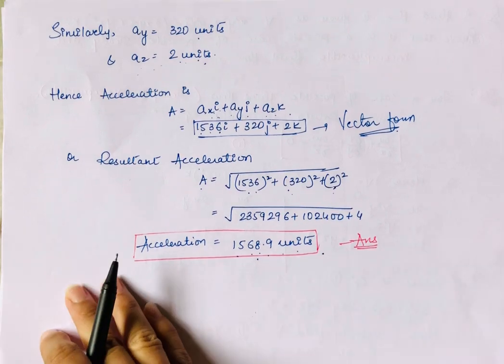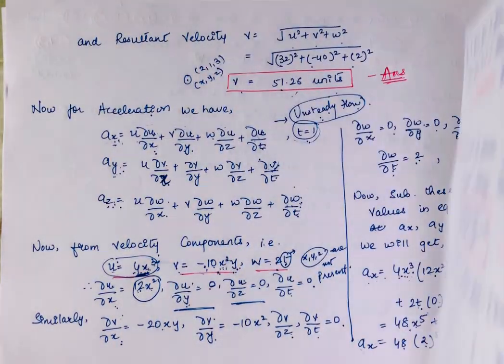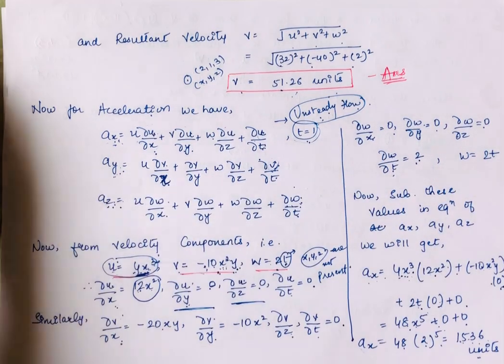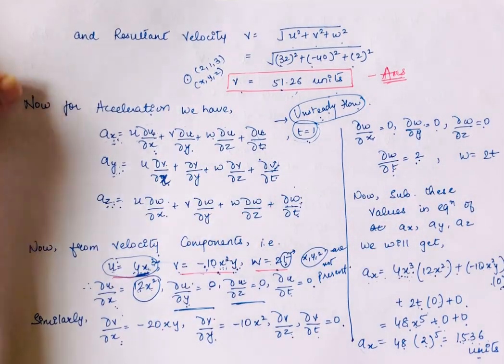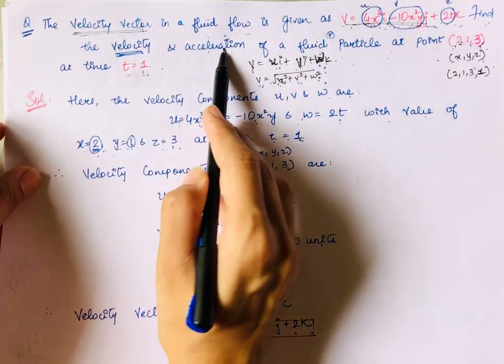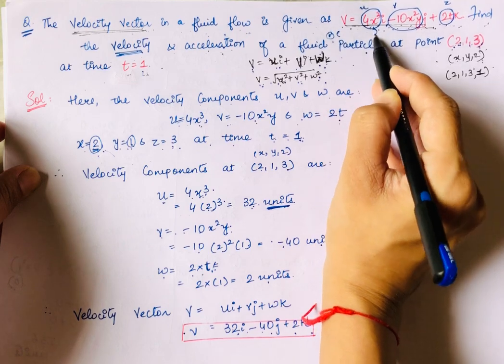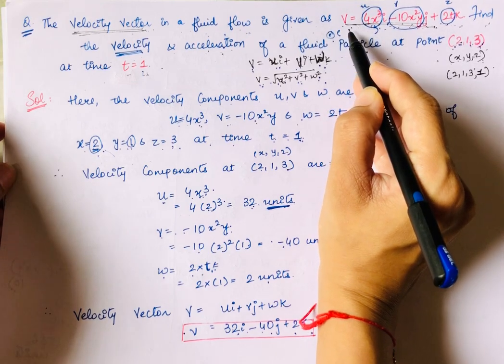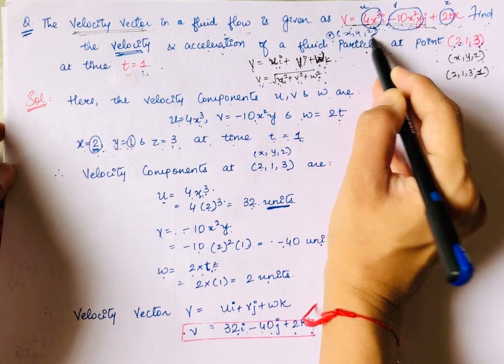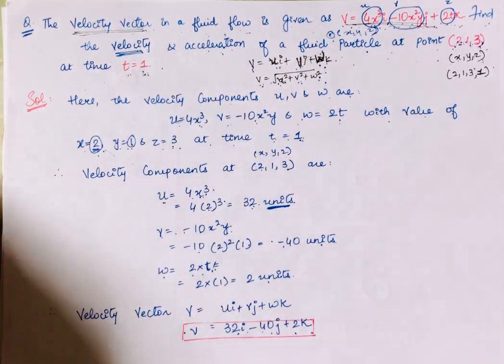So in this sum, what we did was calculate the resultant velocity and acceleration of a particular fluid particle whose real space coordinates x, y, z are 2, 1, 3 at time t equal to 1.